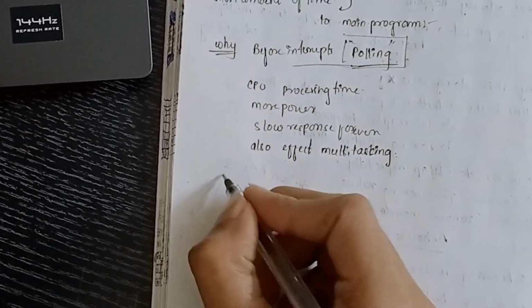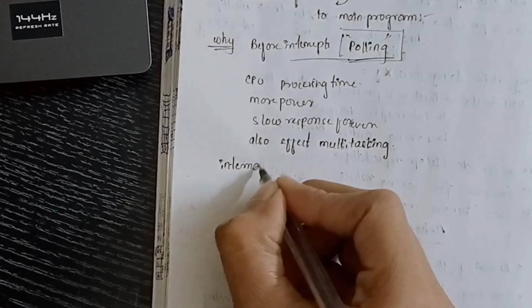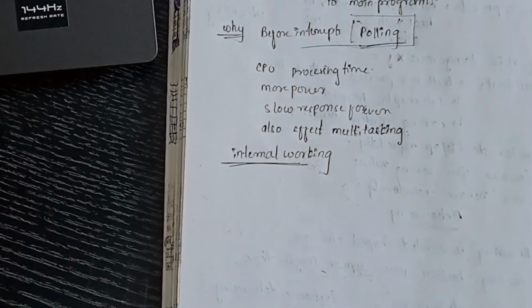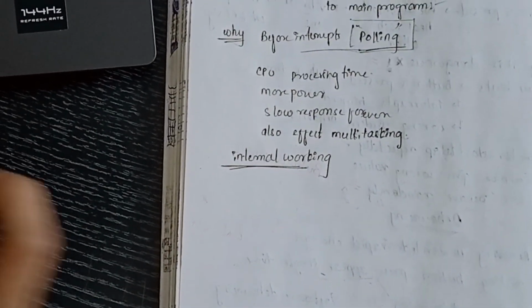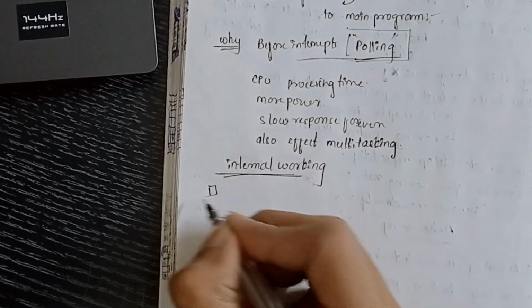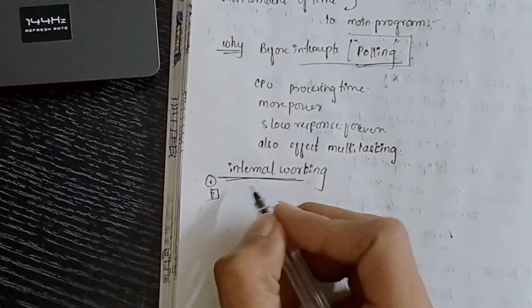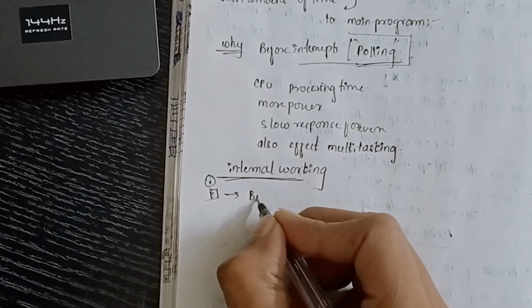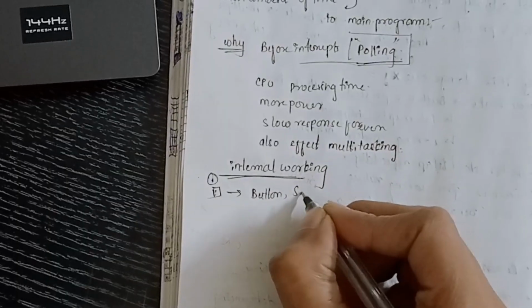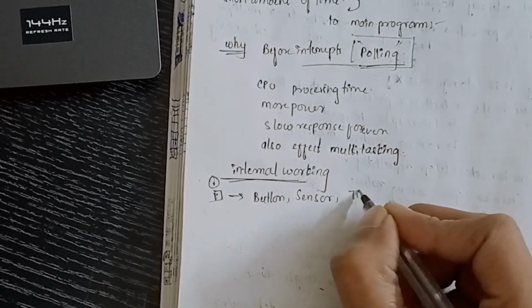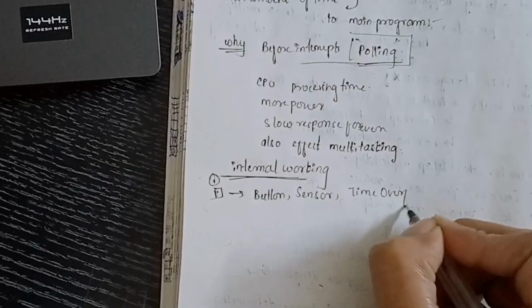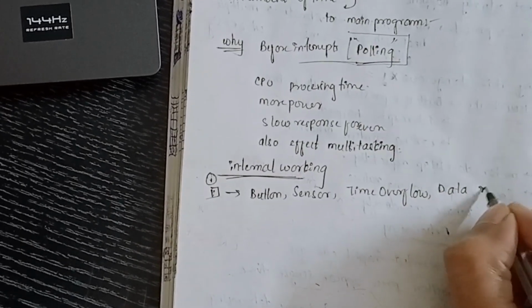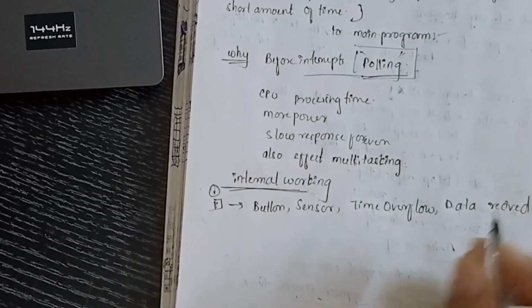So let us understand the internal working of an interrupt. How does it work? Let's say you have pressed a button. That's the first step of an interrupt, where there would be events like a button being pressed, a sensor detection, timer overflow, or data being received from a module.